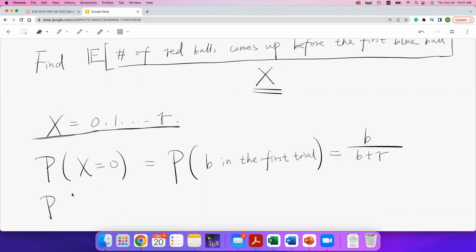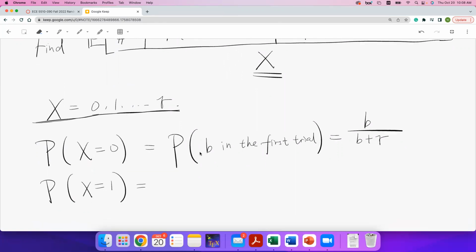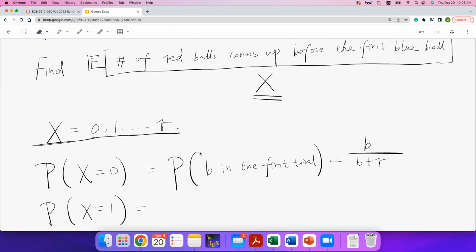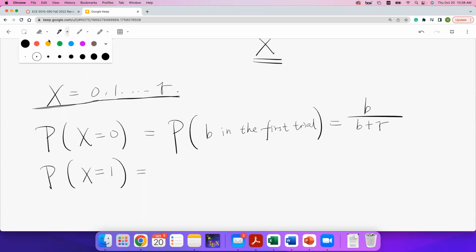Okay, now you do the second one. X equals 1. This means that you select one red ball before the first blue ball. So actually, the only possibility is that you first select a red ball and then you select a blue ball. So in your first trial, you select a red ball, so at least X equals 1. And then in the second trial, you have to select a blue ball so that X will not grow further.